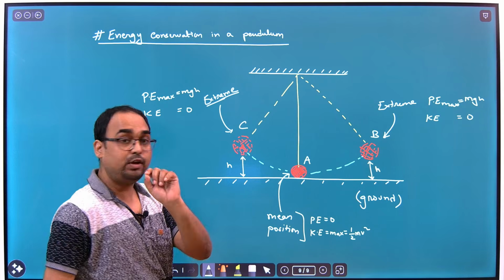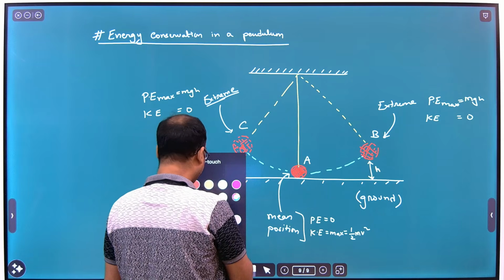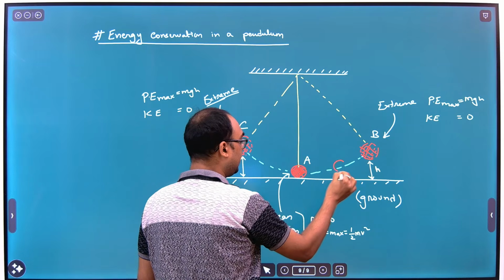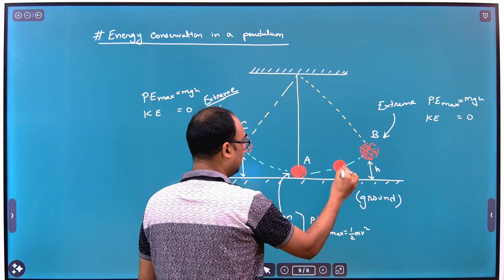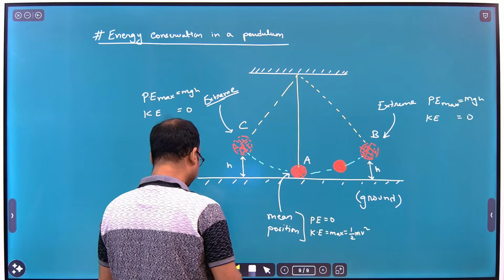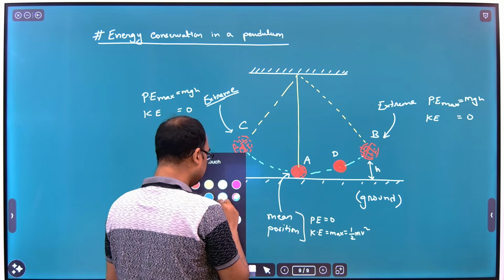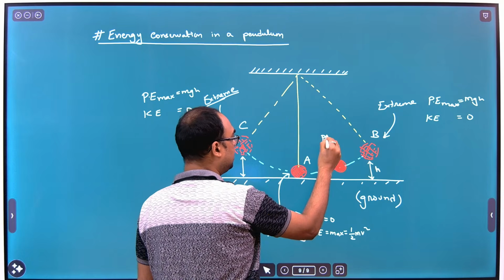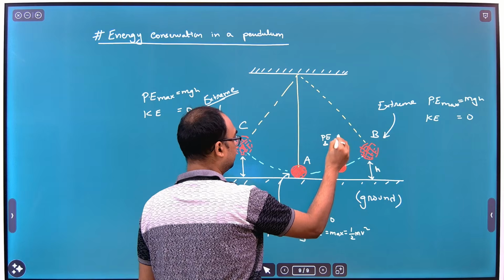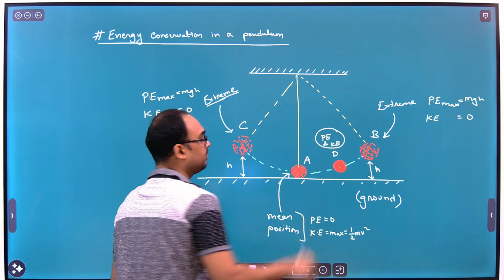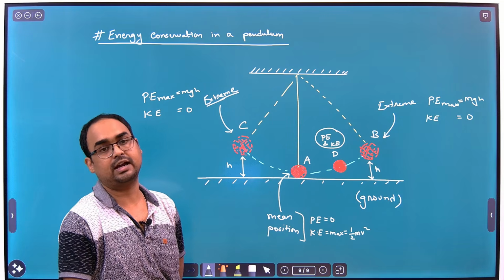Whereas if we consider somewhere between A and B, let's say this is point D, then point D has both some amount of potential and some amount of kinetic.